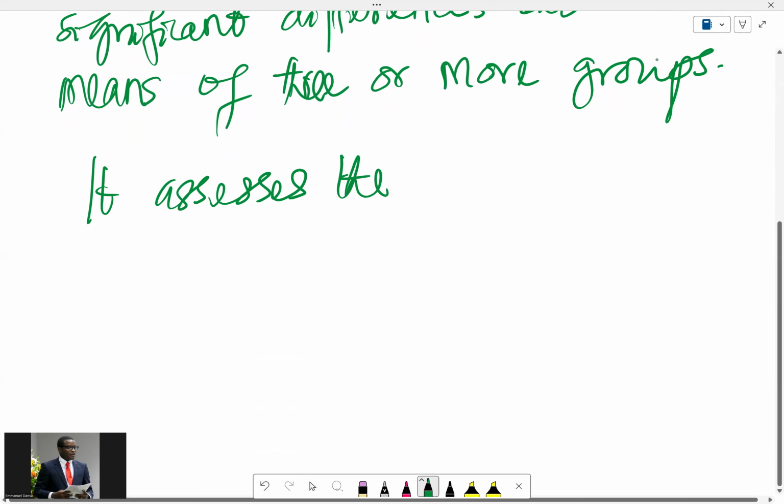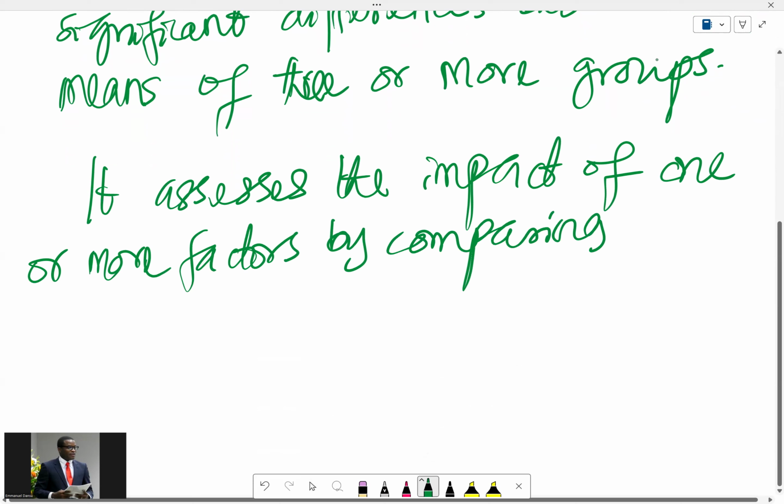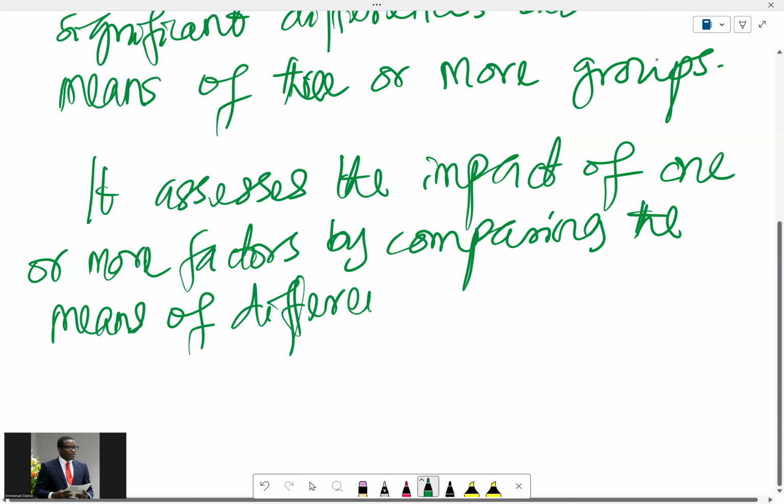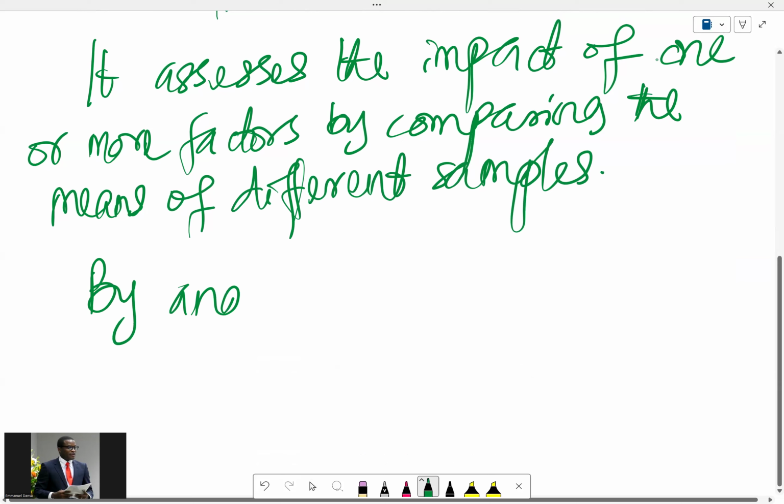It assesses the impact of one or more factors by comparing the means of different samples, by analyzing the variability. So that's where the variance comes in.